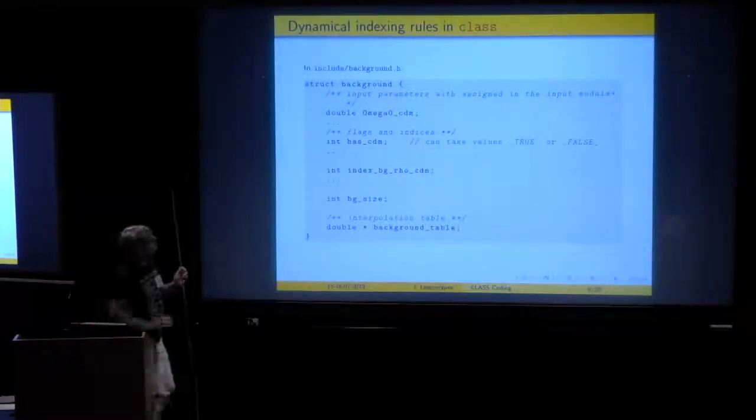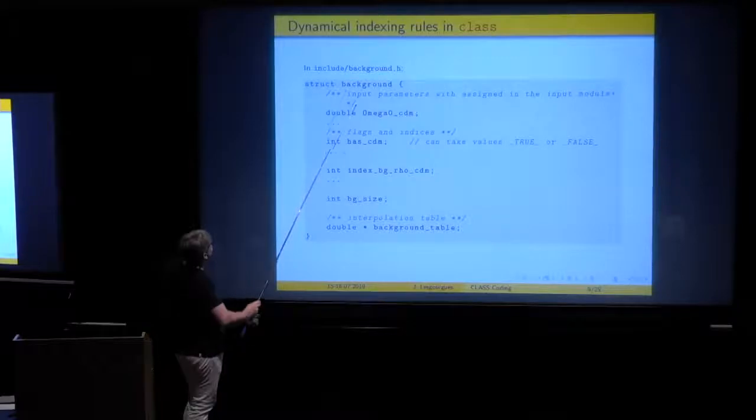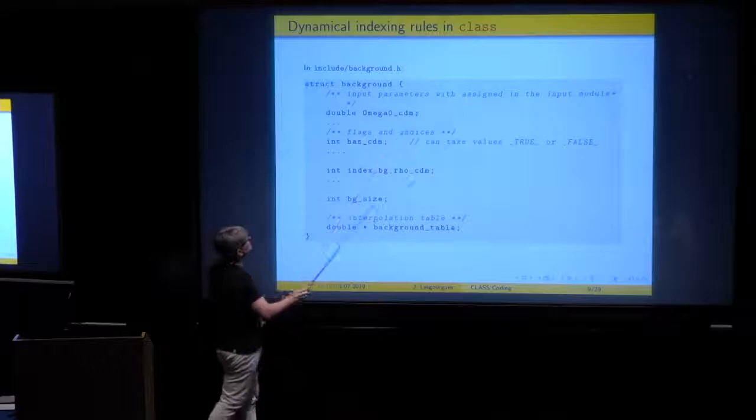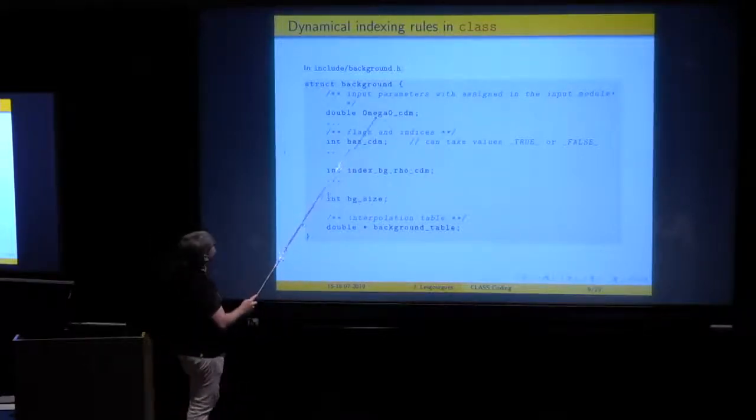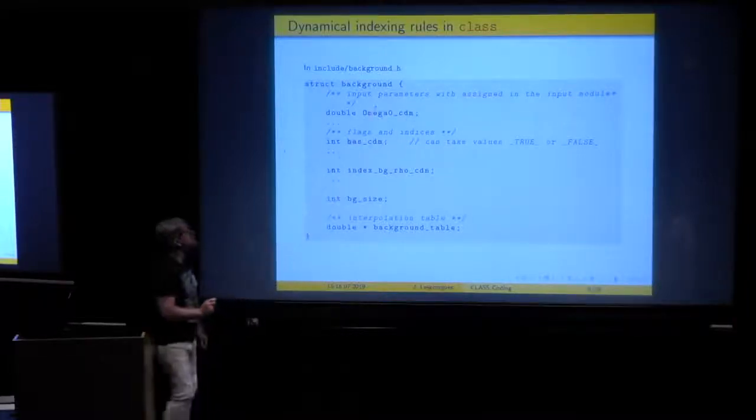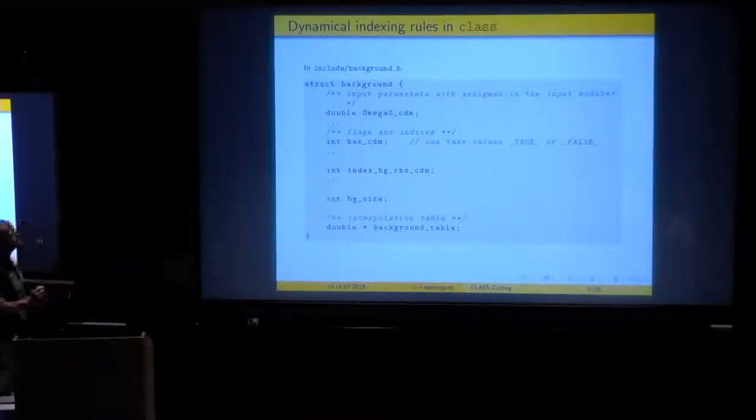So let's have a look at a few lines, for instance, in structure background. At the beginning of the structure background, I told you our structures always start with input variables. So there are input parameters here, and these input parameters, which are assigned in the input module, include, for instance, Omega_0_cdm, which is the big Omega today of cold dark matter.